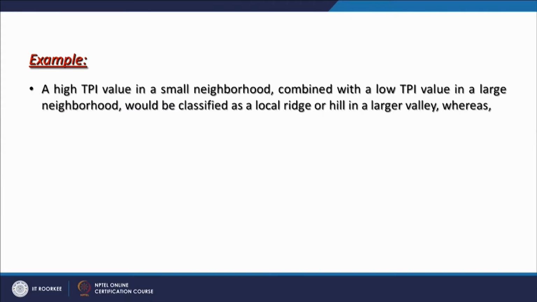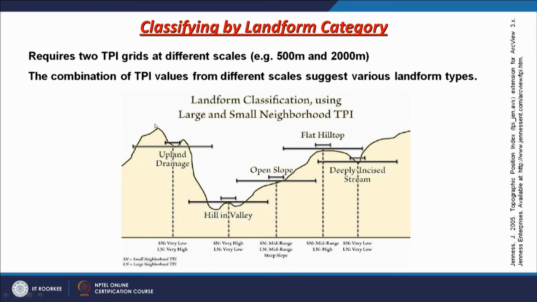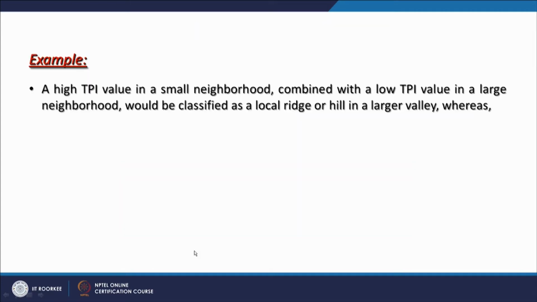Another example: a high TPI value in a small neighborhood combined with a low TPI value in a large neighborhood, as we saw in the previous schematic, would be classified as a local ridge or a hill in the larger valley areas.